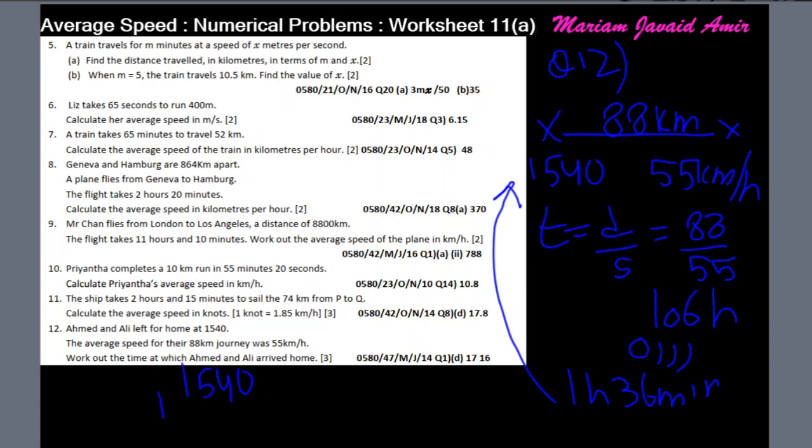This gives us 16, 76, but 76 minutes doesn't make sense on the clock, so give 60 minutes, that is 1 hour, to 16, so we get 17:16, which is the answer for part 12.